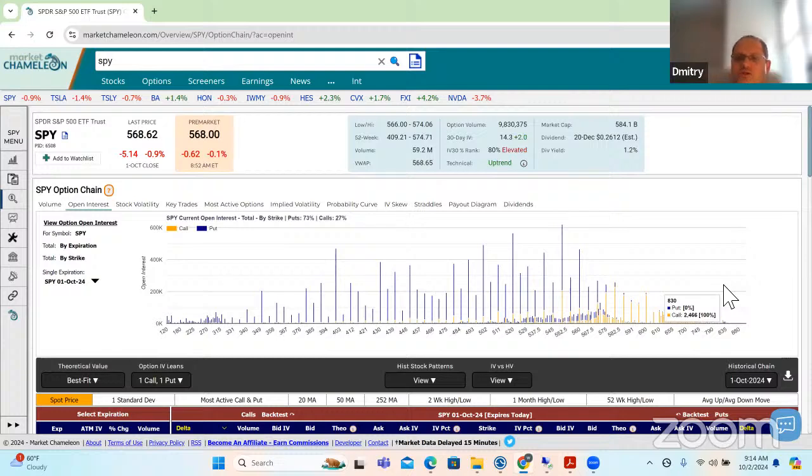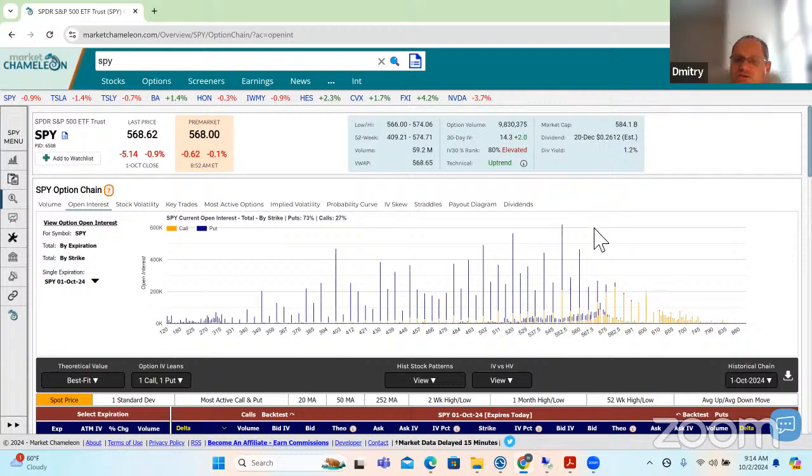Now, eyeballing it, it is clear that a lot of these bars that really spike up, that stand out, are mostly in blue, representing puts.